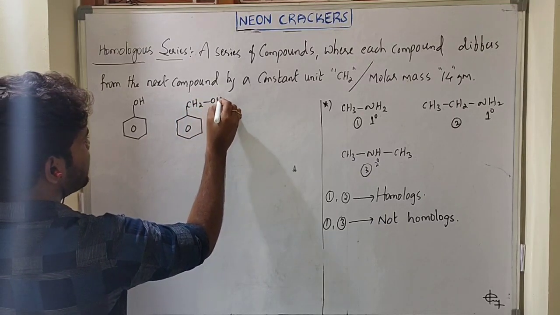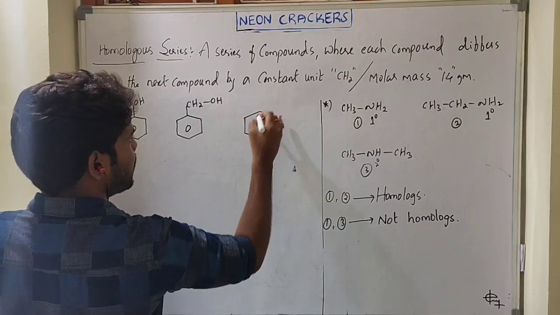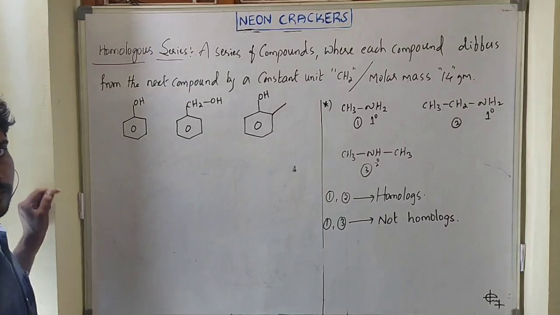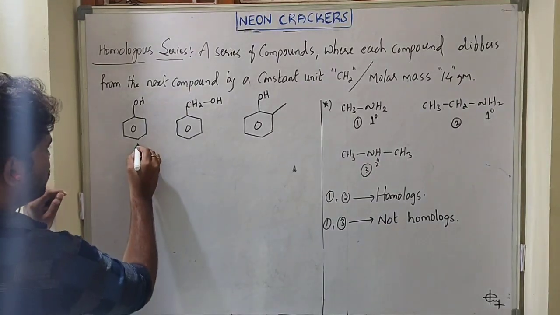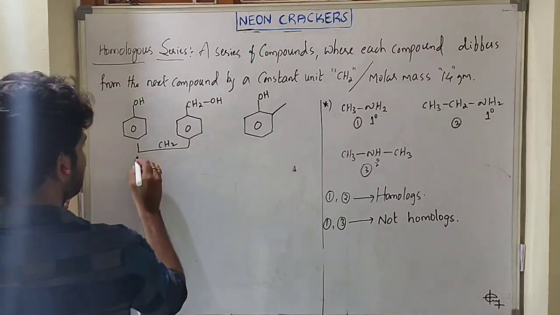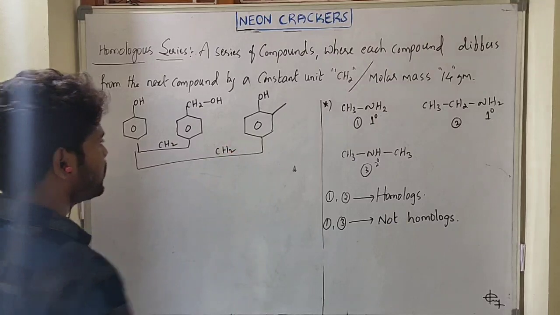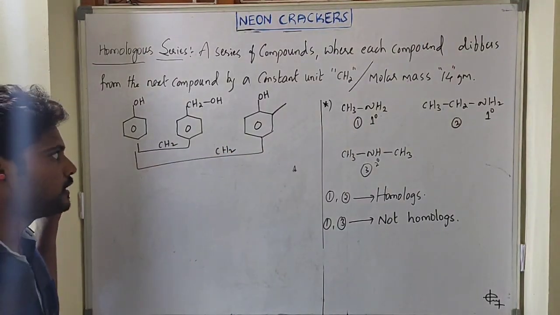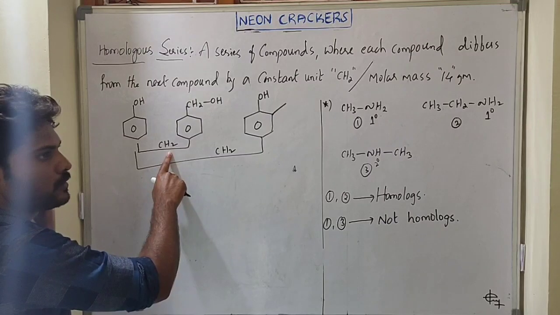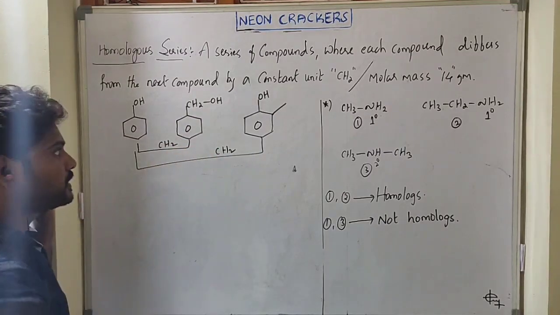The third one is either ortho, meta or para methyl phenol. Here to here the difference is CH2. Next, here to here the difference is also CH2. So the third condition is satisfied between two consecutive members; the difference is CH2.